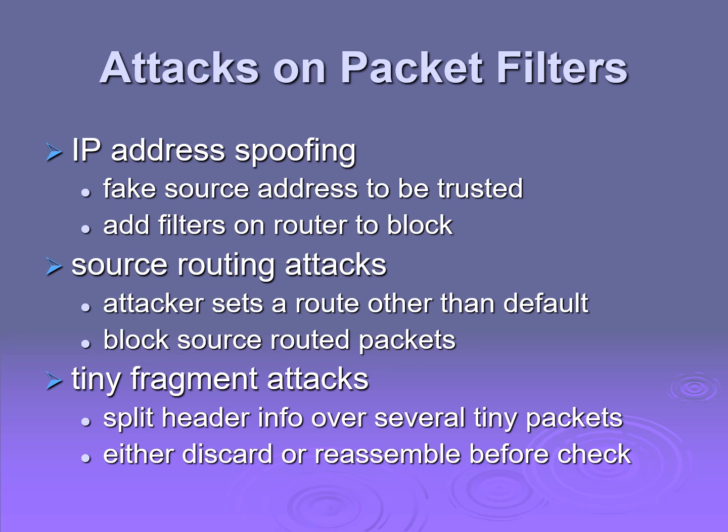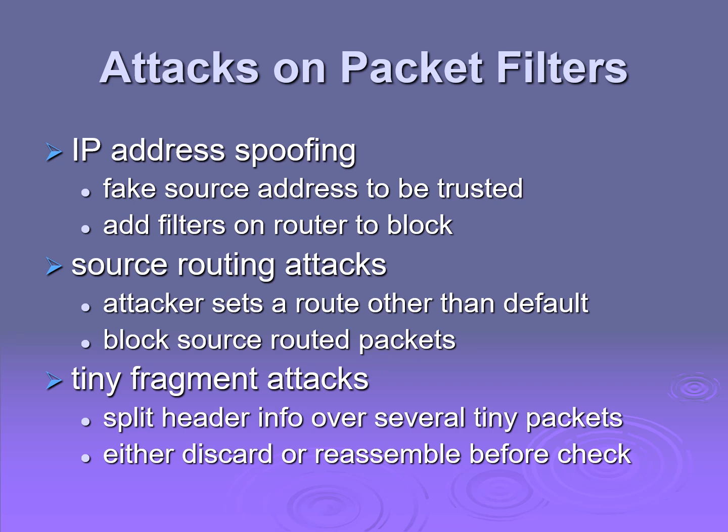We need to filter and discard such packets. Source routing attacks, where the source specifies the route that a packet should take to bypass security measures; the countermeasure is to discard all source routed packets.